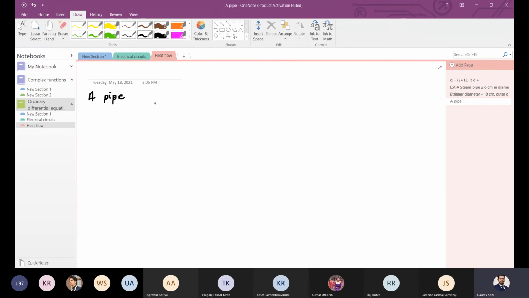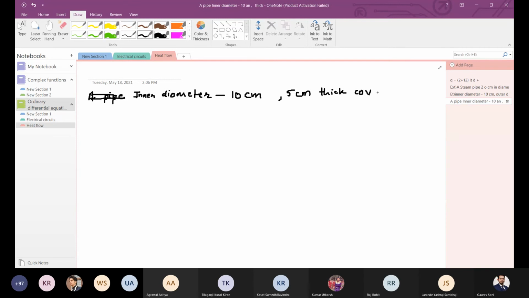So I'll give you the details. Inner diameter 10 centimeter. Five centimeter thick covering. With thermal conductivity 0.0006.